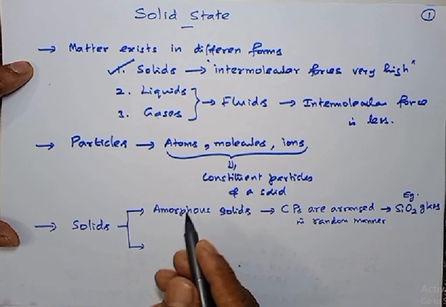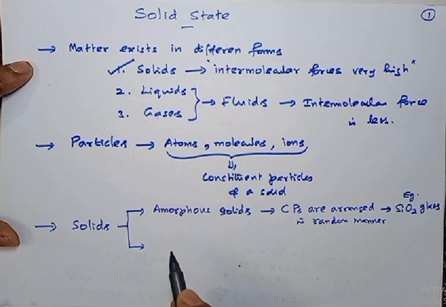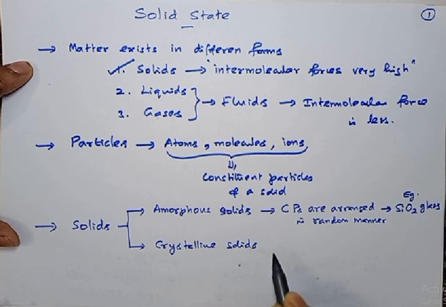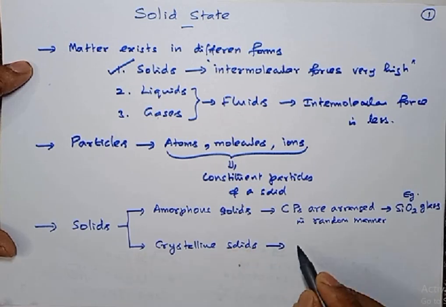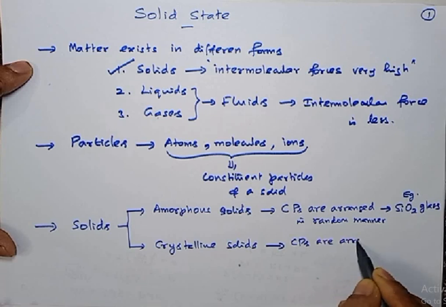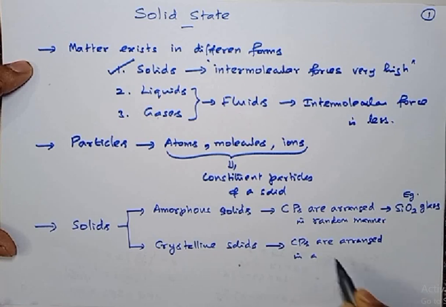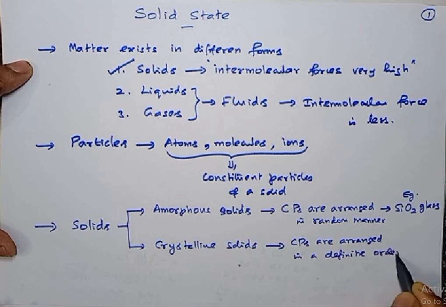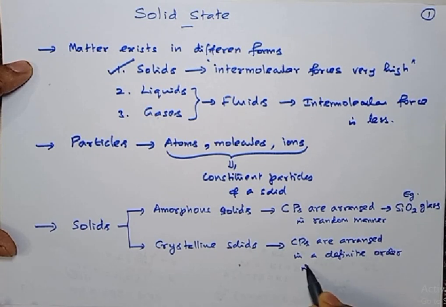Then another classification, another important solid, is the crystalline solid. You might have heard about this in your 11th or 12th. This is the second category called crystalline solids. In crystalline solids, constituent particles are arranged in a definite order in 3 dimension.